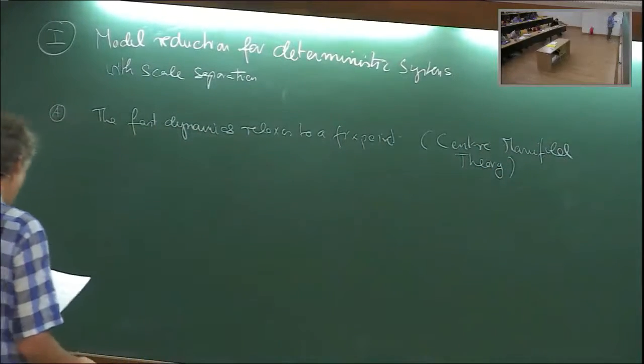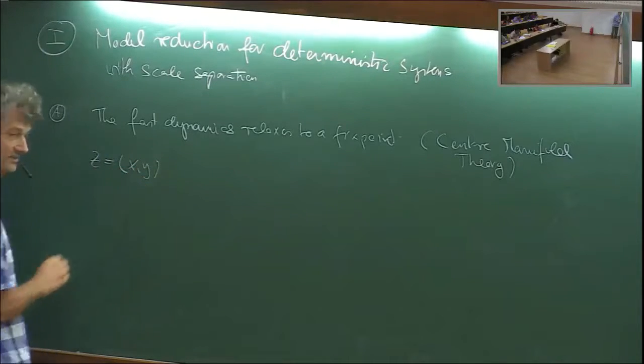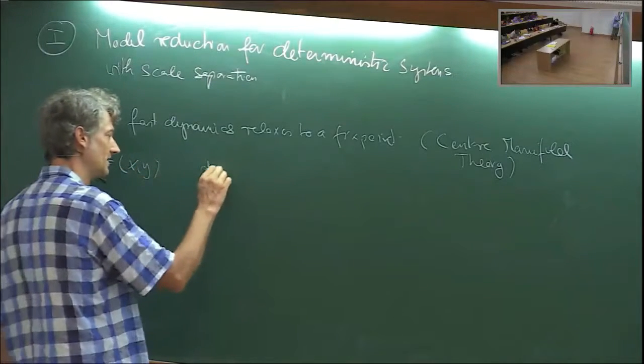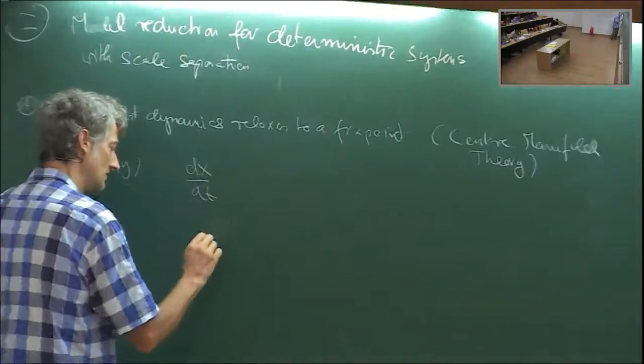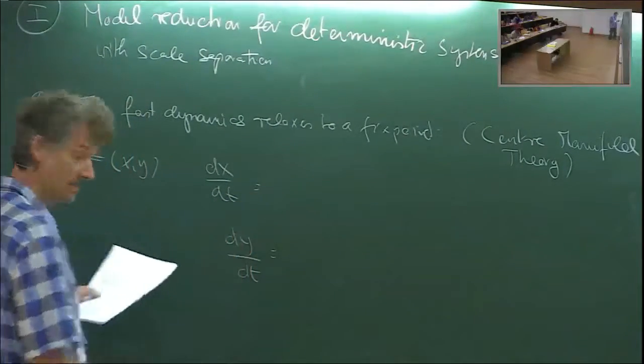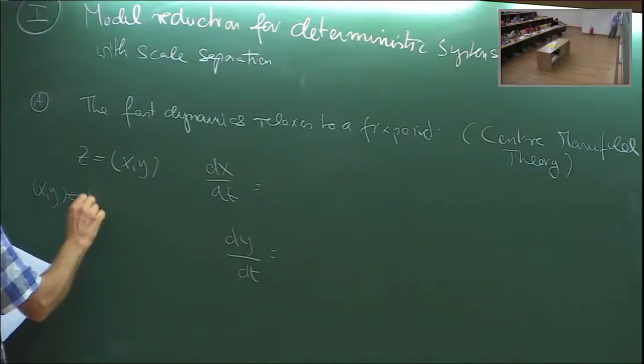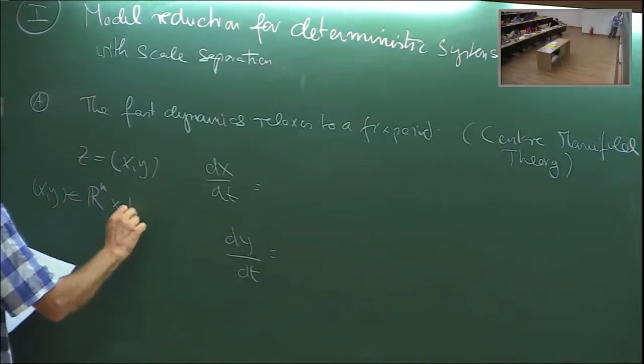So let's say we have two variables x and y, described by two ODEs, and let's say x, y are in some R^n cross R^m.